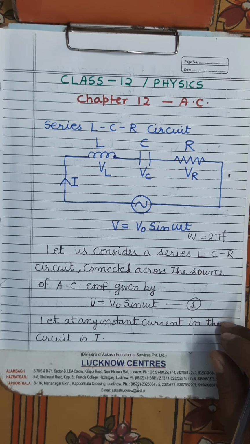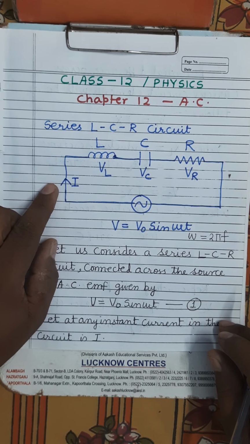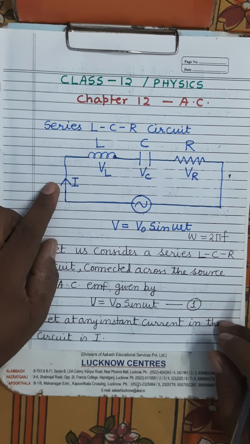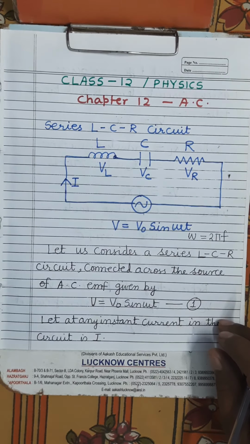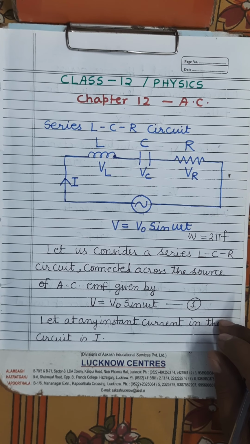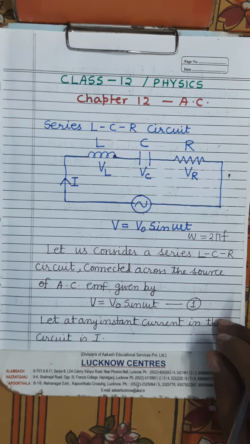So I have assumed that at any instant the current in the circuit is I, and the frequency of variation of this current will be the same as the frequency of variation of the AC voltage. Frequency will remain the same.